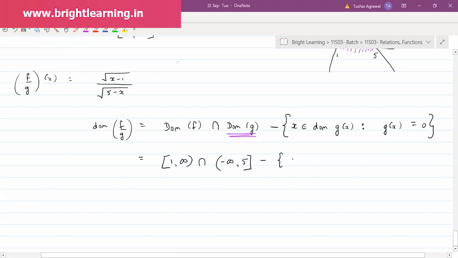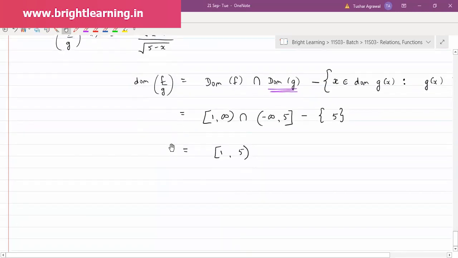And when does G of x become 0? I think everybody can see this, that at a single point 5 it becomes 0. So the common interval will be everything from 1 to 5. 1 will be included, but this time you will have to exclude 5. This will be the answer of domain of G of f.